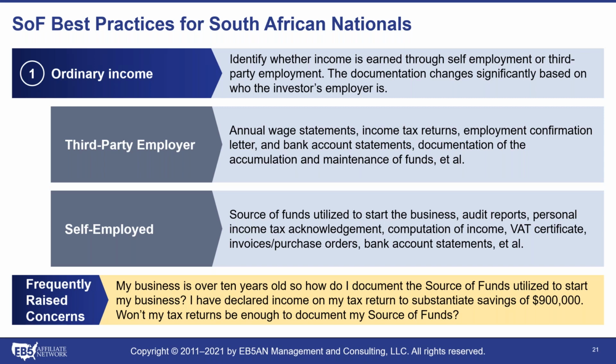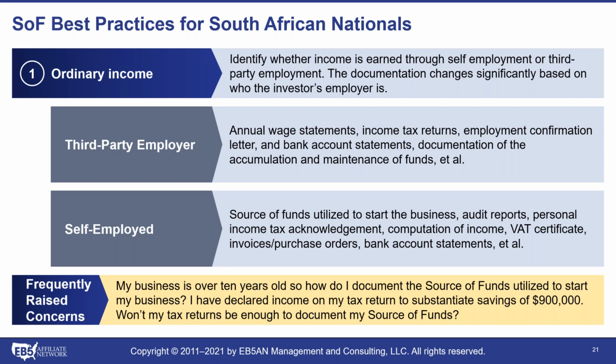Sure. So for ordinary income, I think the best practices that we have here are confirmations from the employer. One thing that I think comes up a lot in South Africa is the use of a trust.